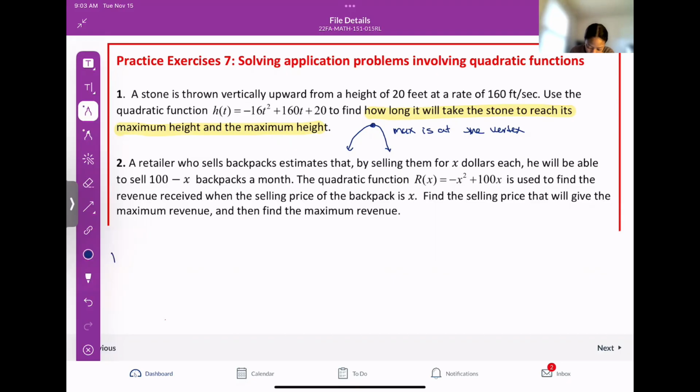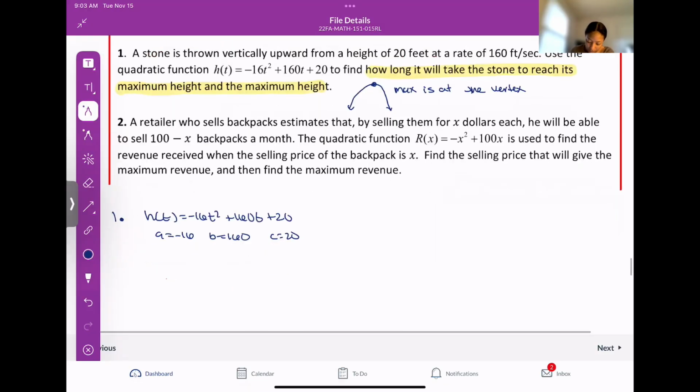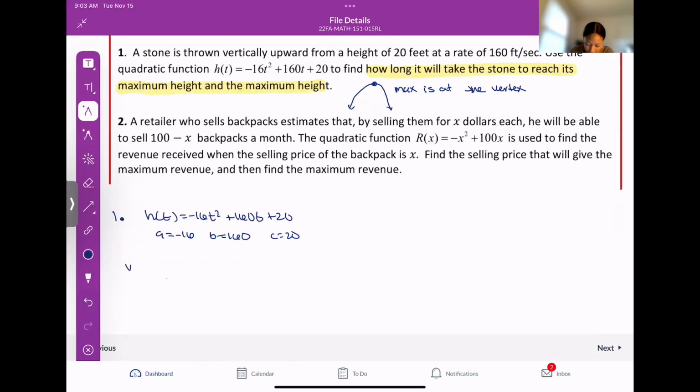So for number 1, we need space. I'll write it down at the bottom. We have h of t equals negative 16t squared plus 160t plus 20. A equals negative 16, B equals 160, C equals 20. To find the vertex, we need x equals negative b over 2a.